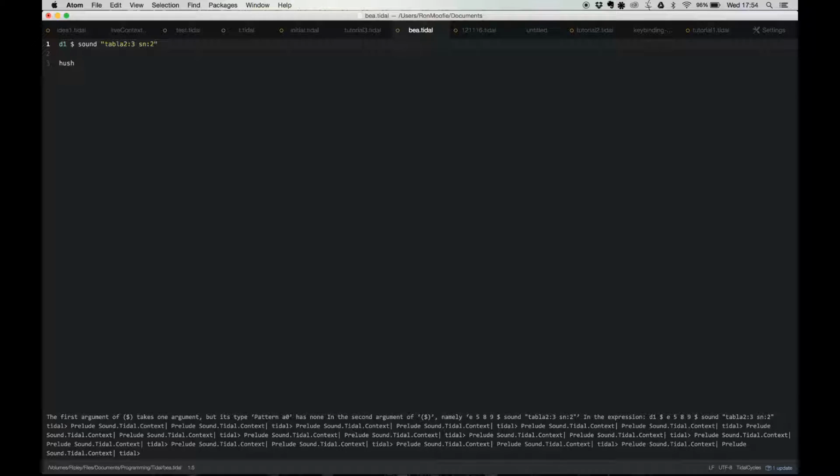One of the other things you can do here is you can also pattern the parameters within parentheses, and you can start to create patterns of the numbers that you're using for the Euclidean sequencing. So let's go back to this basic tabla sound again with the 5/8. This again is doing the 5 tabla hits over a series of 8 steps.